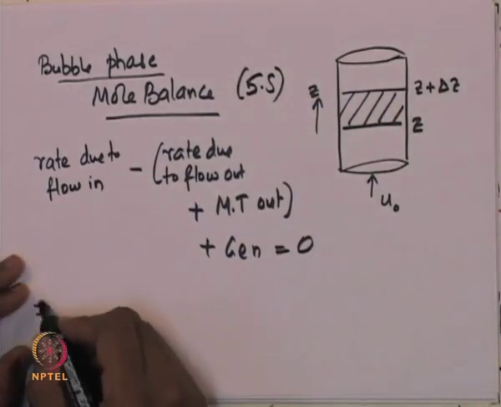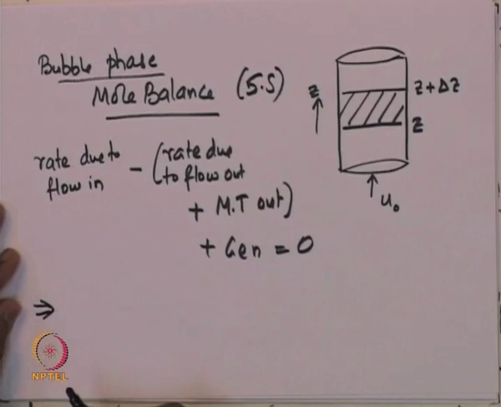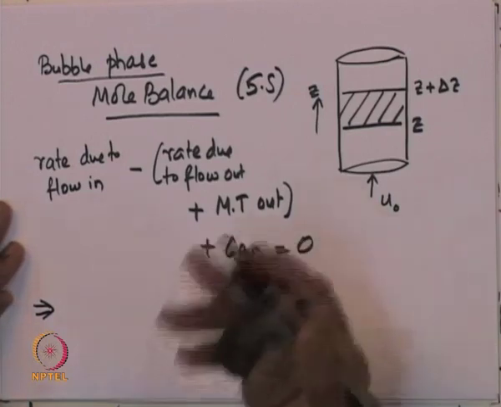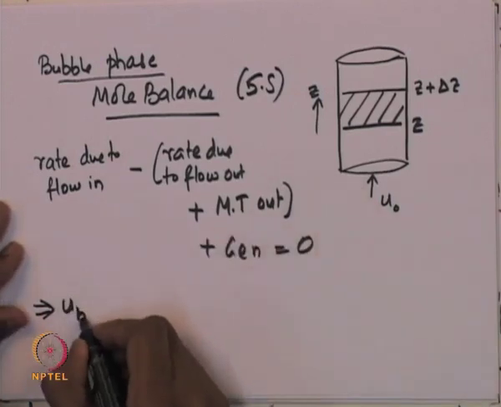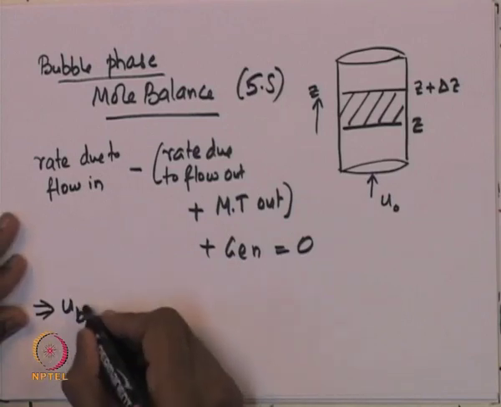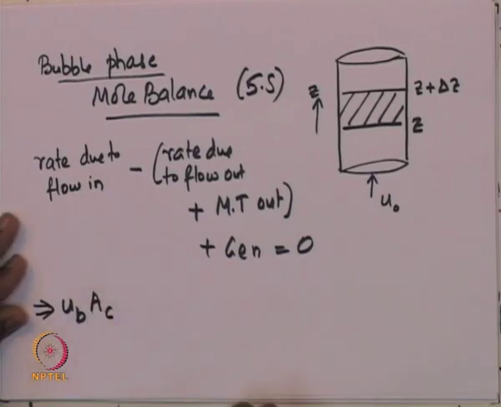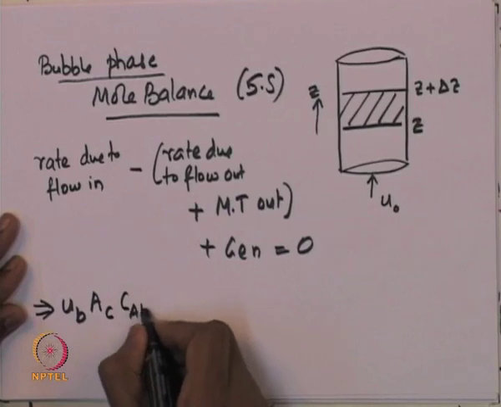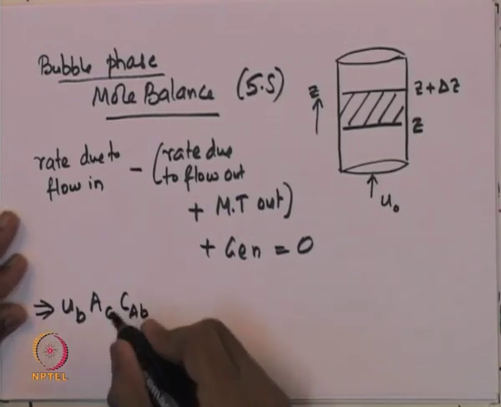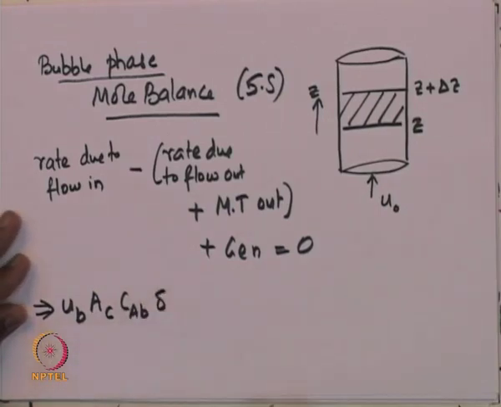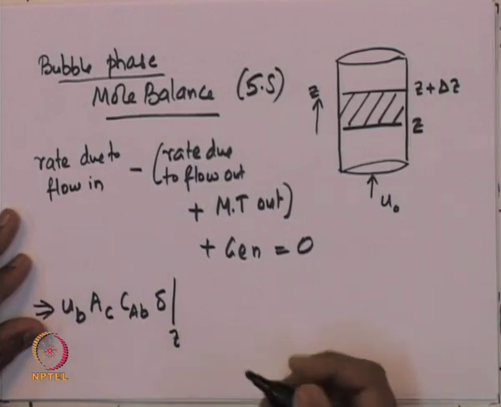Now, when we plug in all the corresponding expressions, the rate due to flow into the bubble phase is given by the bubble velocity ub multiplied by the corresponding cross section Ac, into the concentration of the species in the bubble phase, multiplied by delta. Delta is the fraction of the bed that is in the bubble phase at that particular location z.